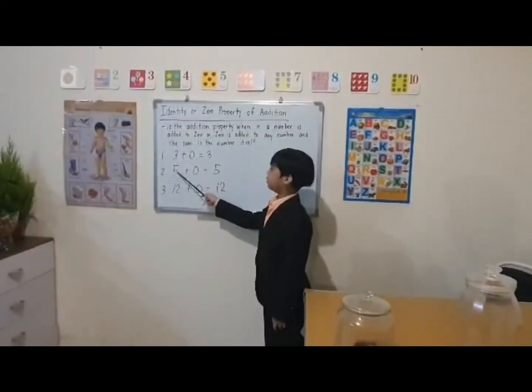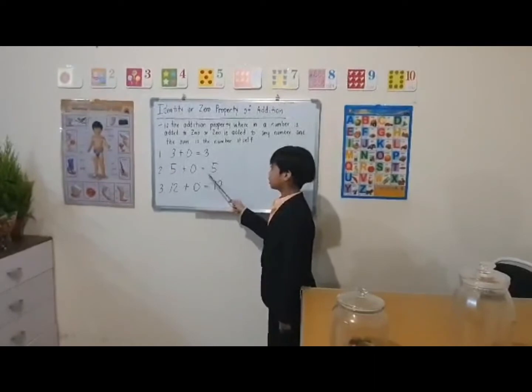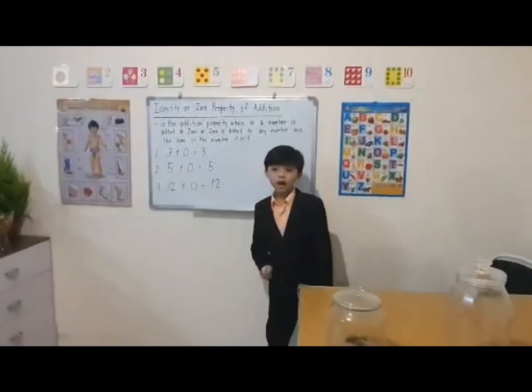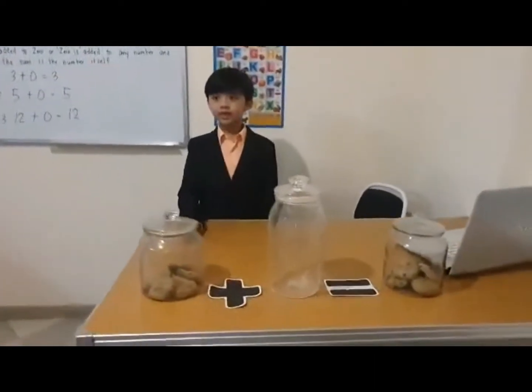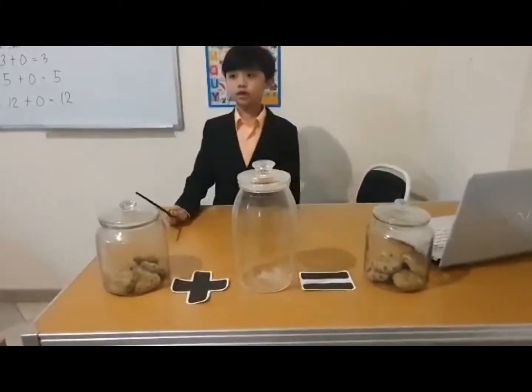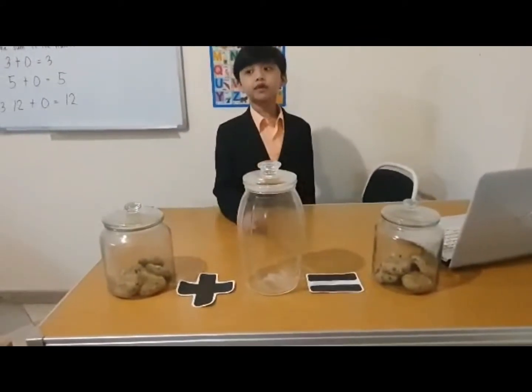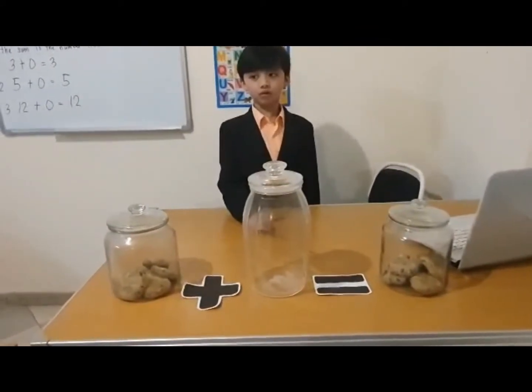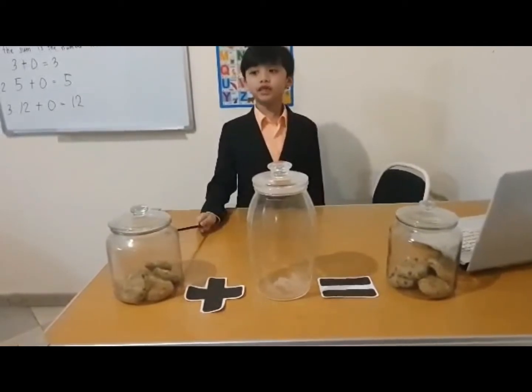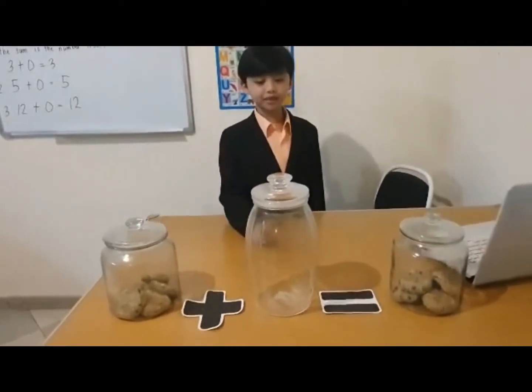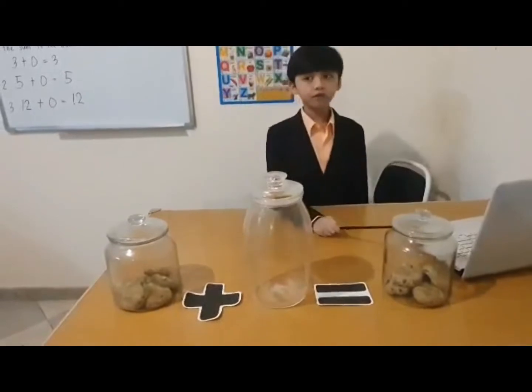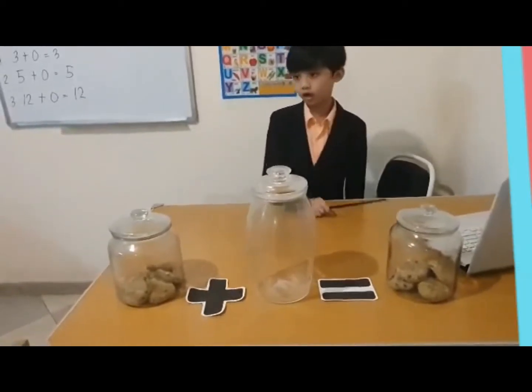Number 2. 5 plus 0 equals 5. I have here 5 cookies in a cookie jar and an empty cookie jar, which means 0. So 5 cookies in a cookie jar plus an empty cookie jar equals 5 cookies in a cookie jar.